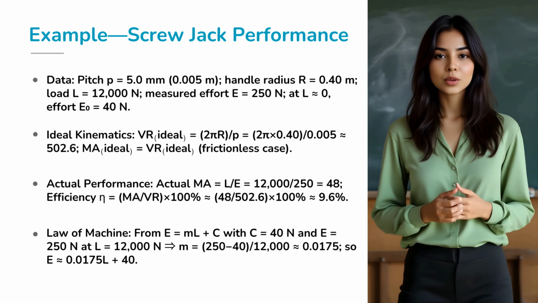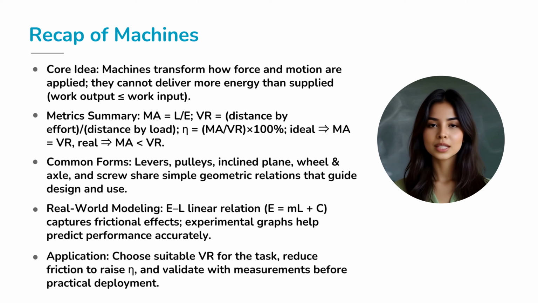Let's wrap up. Machines don't give us free energy, they help us apply force and motion in smarter ways. We learn to quantify performance with three measures: MA equals load over effort, VR equals effort distance over load distance, and eta equals MA over VR times 100%. In ideal cases, MA equals VR and efficiency is 100%.